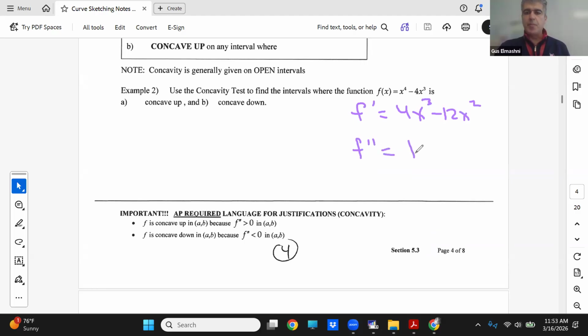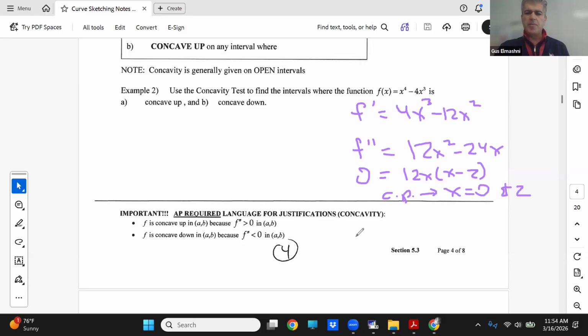What's the second derivative here? 12x squared minus 24x. Set equal to 0. We can factor out 12x times x minus 2. So we still call these critical points, by the way. I'll still call them critical points. x equals 0 and 2.